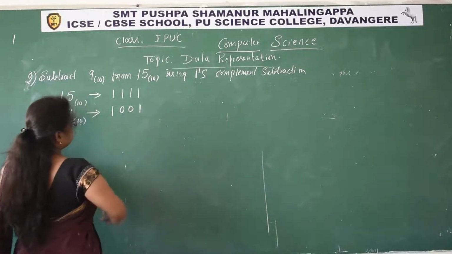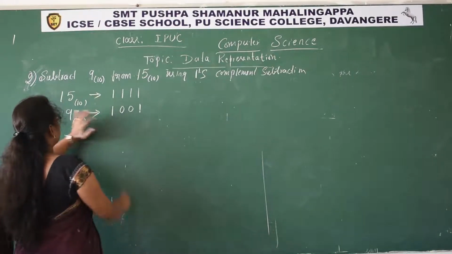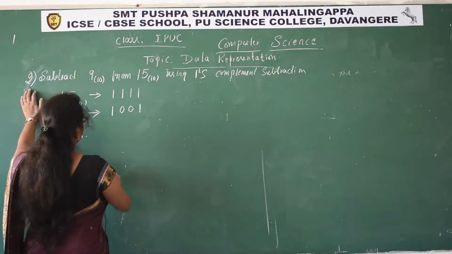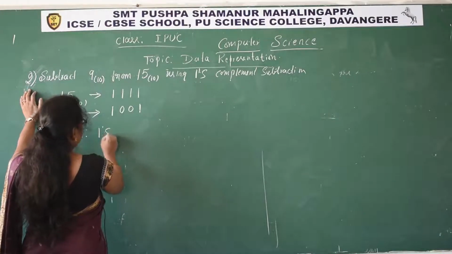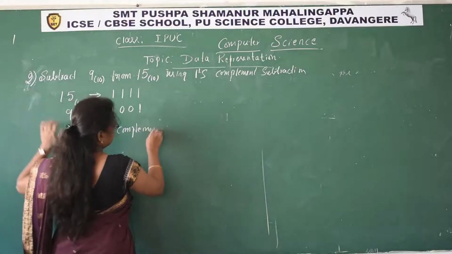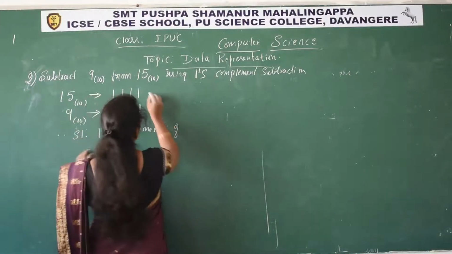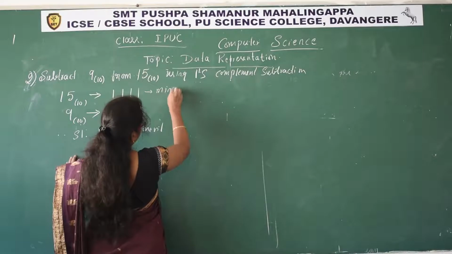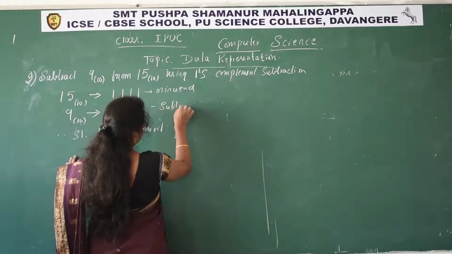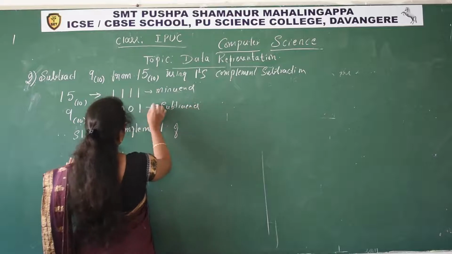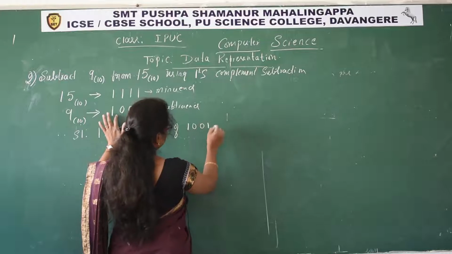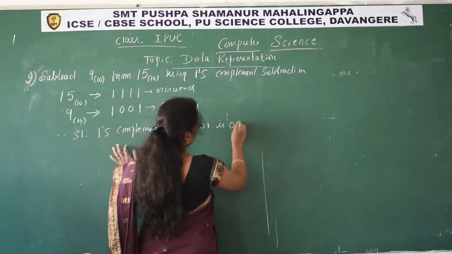Now, step 1: ones complement of the subtrahend. The ones complement of 1 0 0 1 is 0 1 1 0.